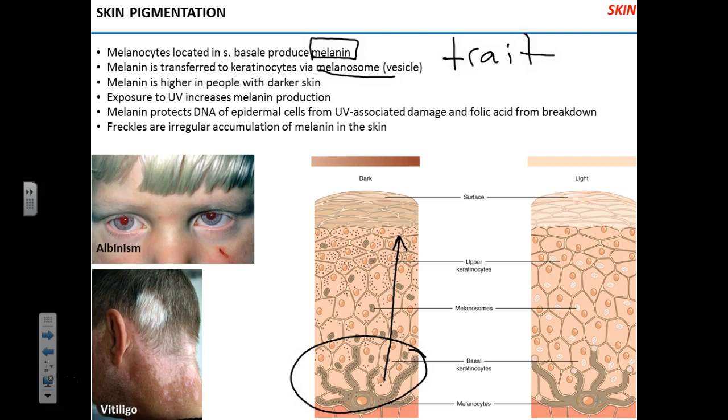Now, the function of the melanin is to protect against UV light. And the more UV light we receive, the more melanin we produce. That's why we get tanned when we're exposed to UV light.